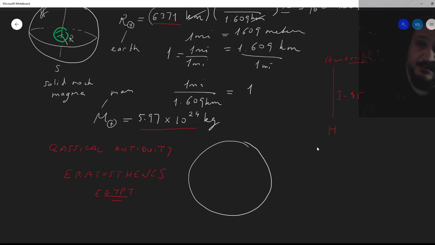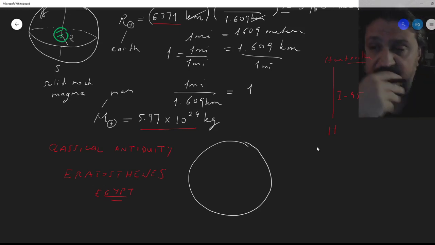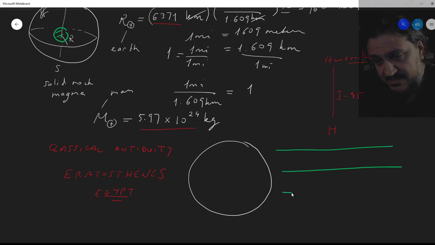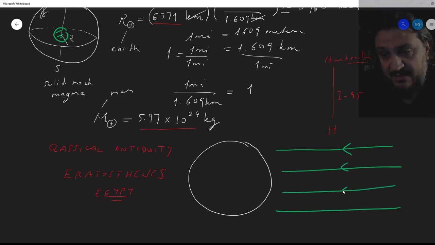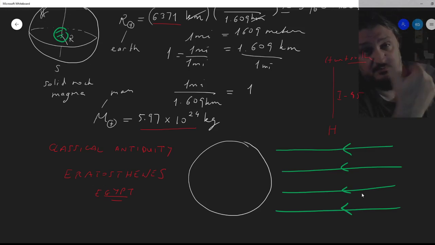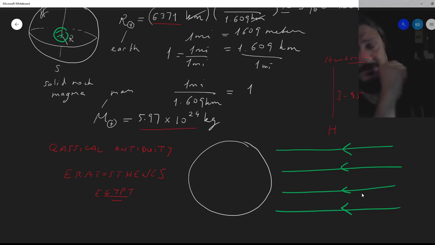I'm not going to draw the sun here. The sun is really far away and it's much larger, but I know the light rays that come from the sun, by the time they reach Earth, they look like these, right? I mean, the rays of the sun are parallel lines. Of course, when the light leaves the sun, it leaves in all directions, but if you were able to look at the Earth from the sun, Earth is a small dot really far away, okay?